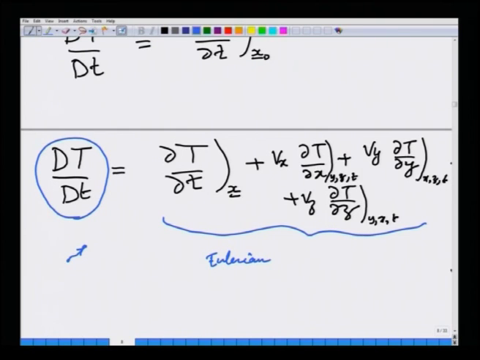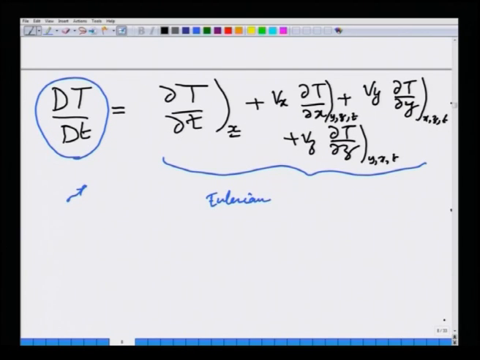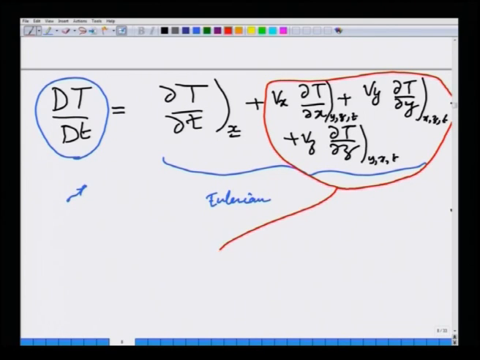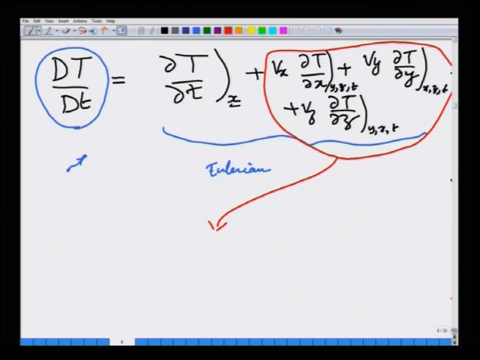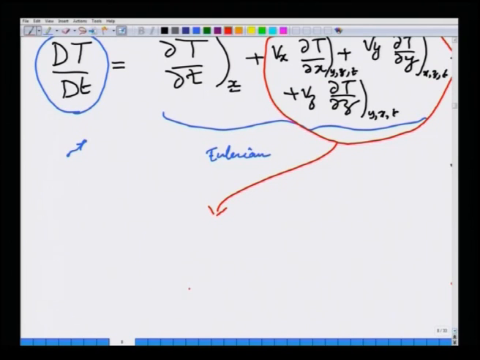Okay. Now, let us see whether we can write this in a slightly better form. Let us just look at this part of the equation and see whether we can write it in a more compact form. So, this is like if I have two vectors a and b, and each vector is given in terms of its Cartesian coordinates, a = ax i + ay j + az k.